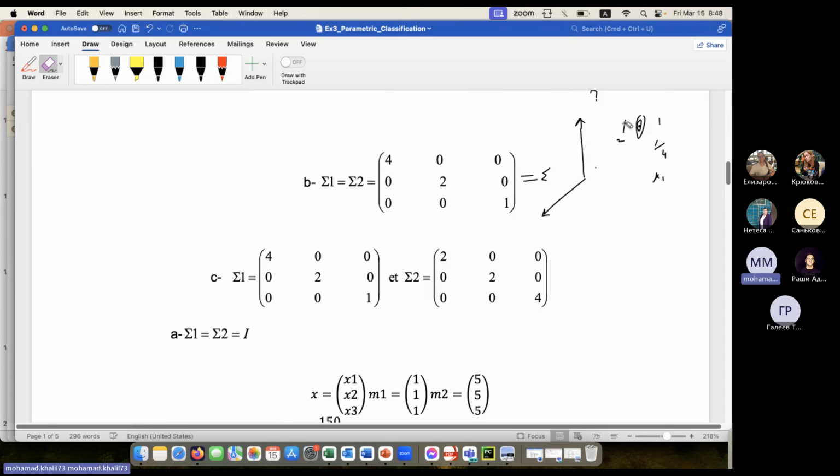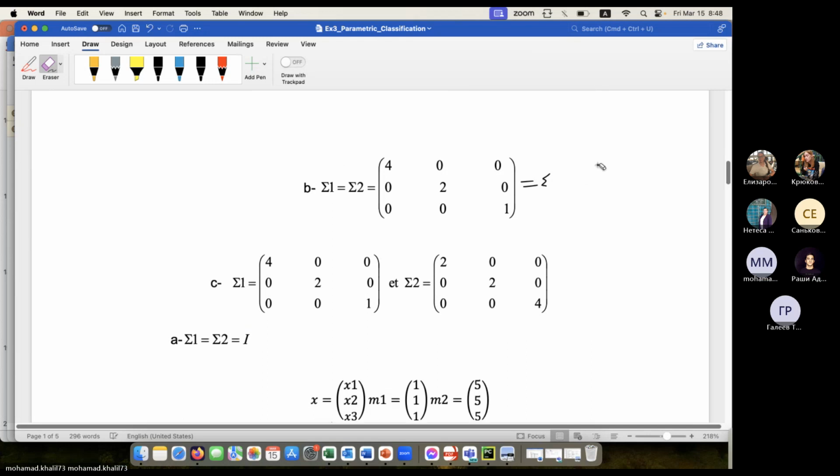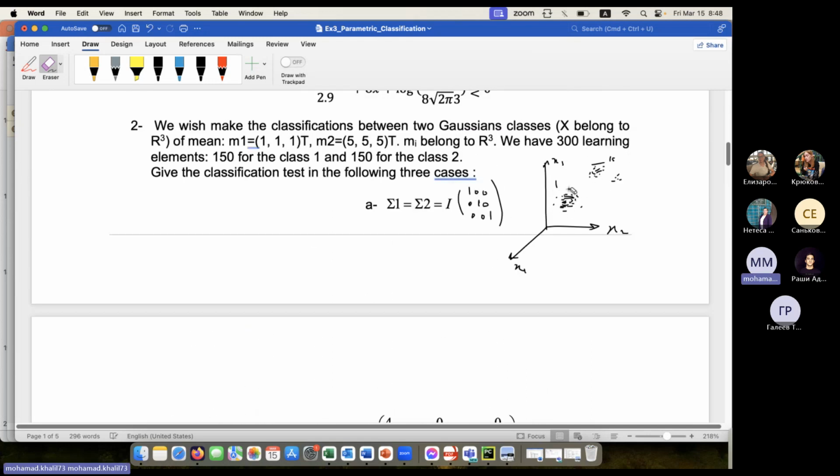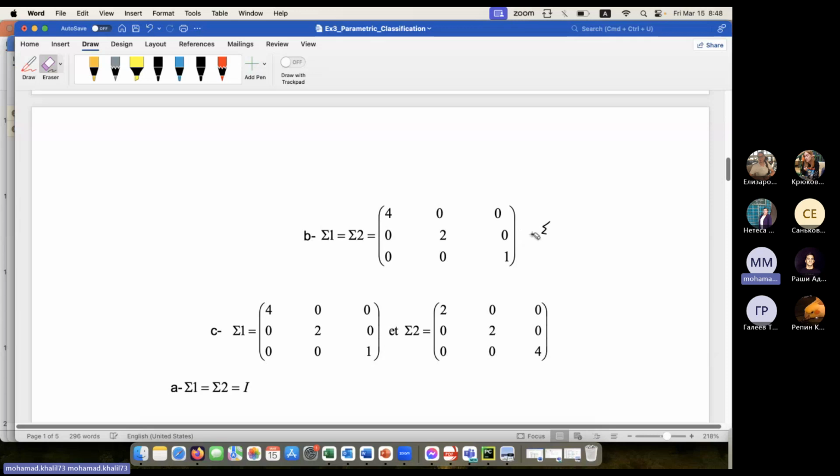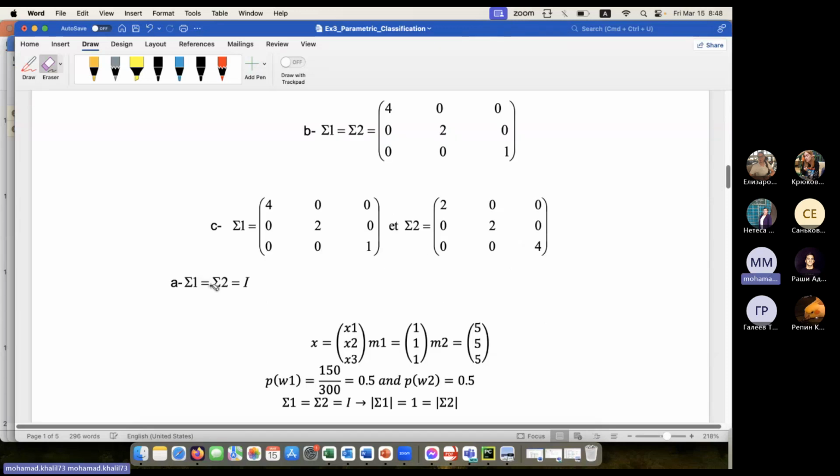I don't want to put anything here, and also here. I want to eliminate everything. Now I want to start the solution after all the explanation. Let's go. I will take part A.